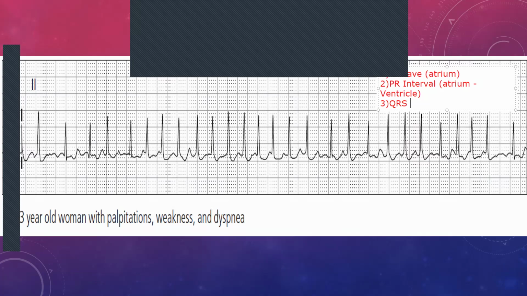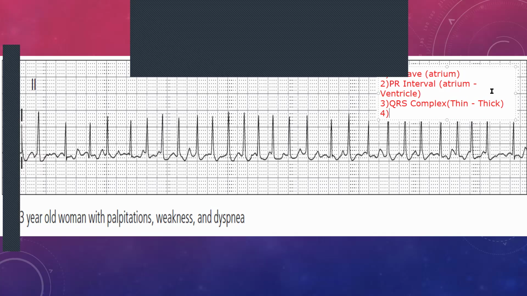But the QRS complex, what we're looking for in this case is whether the QRS complex is thin or thick. When the complex is thin, as a general rule, it means that the signal from the SA node or the atrium is reaching the ventricle. And when it's thick, the general rule that we give is that it's not. So in other words, there's something that's sort of preventing the signal from going from the atrium to the ventricle.